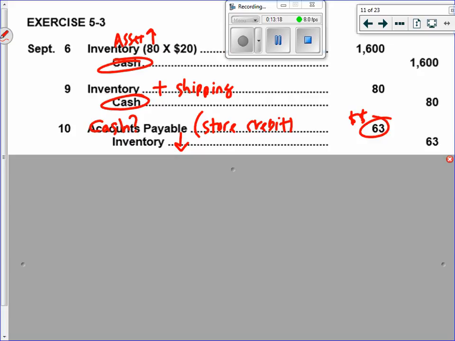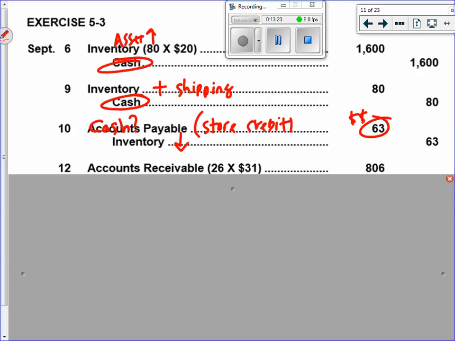Okay, so anytime we sell, 2 transactions. We first put the sale down, AR, because there were terms that went with it, not cash. We sold 26 at $31 a piece.